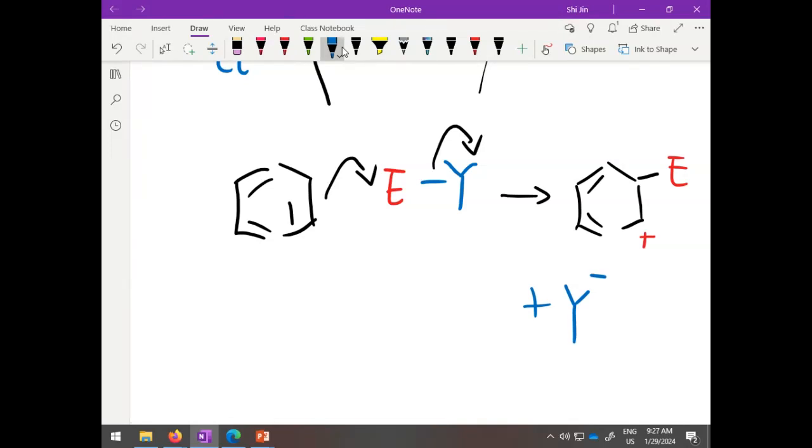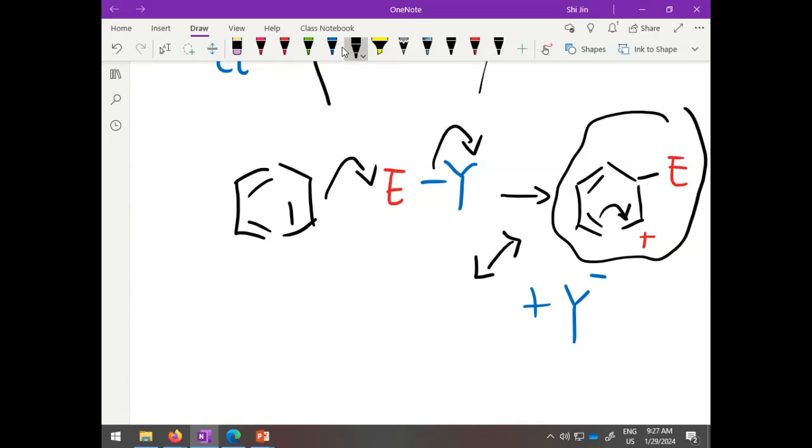This intermediate, you can write multiple resonance forms for it. At least you can write three.